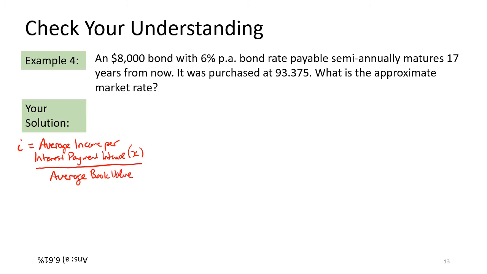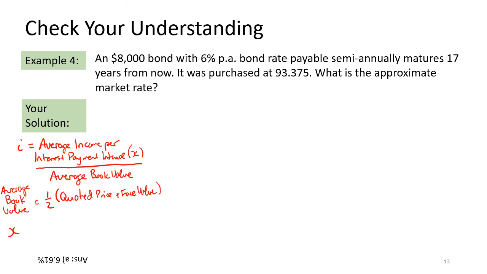The average book value is equal to 1/2 times the quoted price plus the face value.